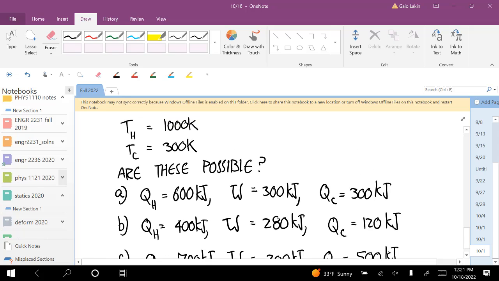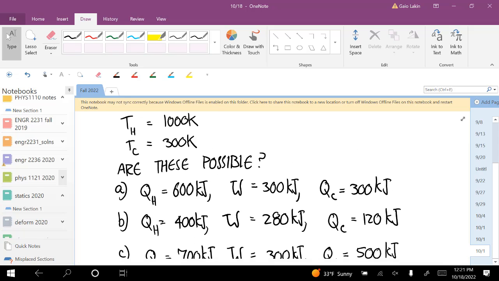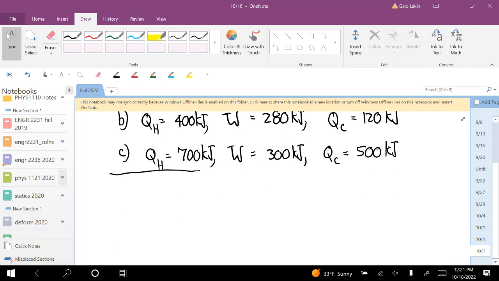Okay, well, since we're given these input temperatures, we can calculate the ideal performance of this power cycle. To come up with these off the top of your head, think about what each of these cycles is trying to generate and what the input cost of it is.